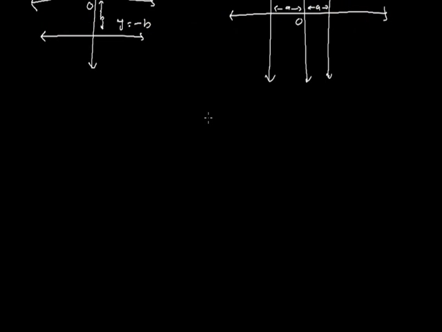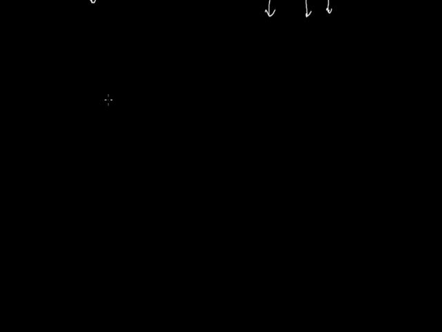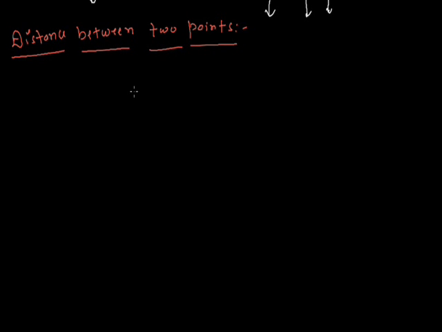Now we will discuss the topic distance between two points. Suppose this is our rectangular coordinate system, and we take two points P and Q on the Cartesian plane.